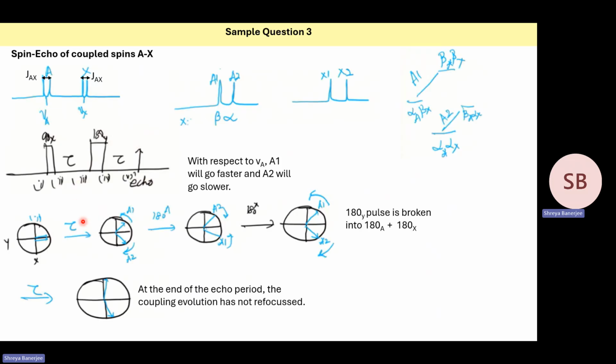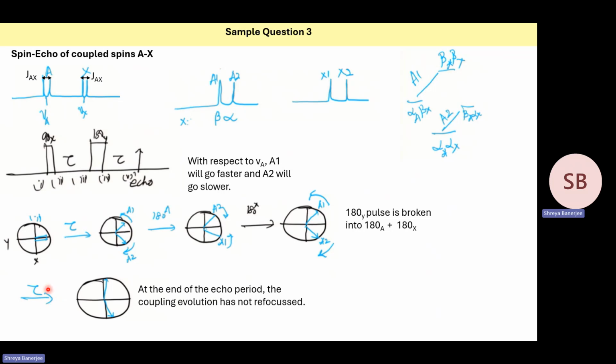But what about the coupling evolution? Suppose A is split into two parts by another nucleus X. We have A1 and A2. A1 and A2 were initially in the Z direction. After the 90-degree pulse, they come in the Y direction. Then you apply an interval of tau, and because the A1 and A2 frequencies are different, they are moving in different directions. After that, the 180 pulse is applied, and again a time period tau is given.